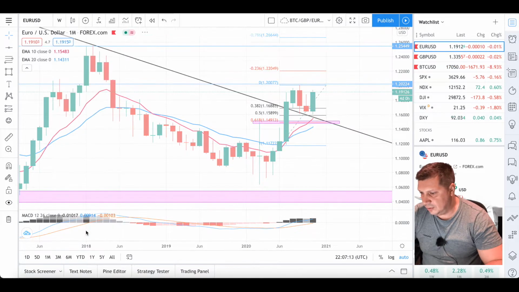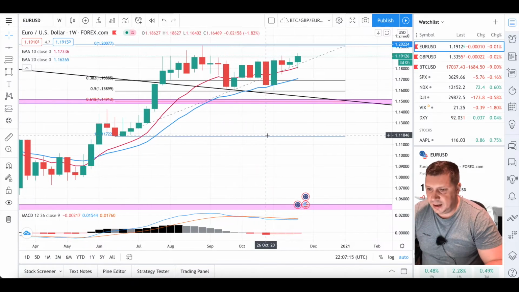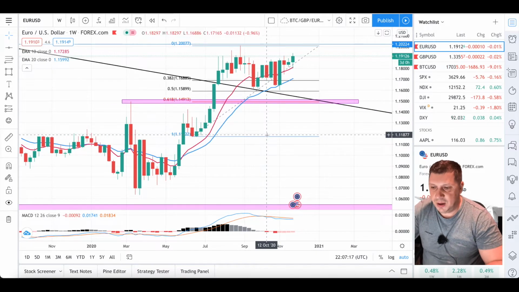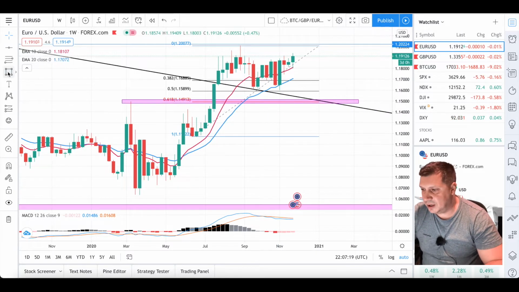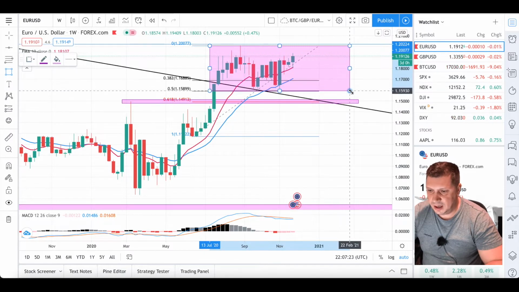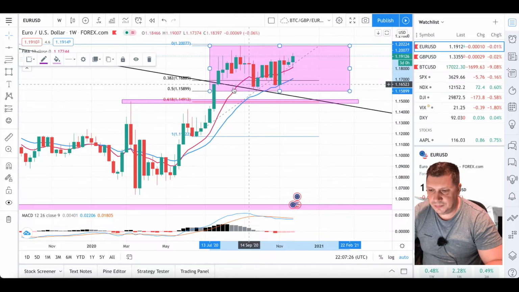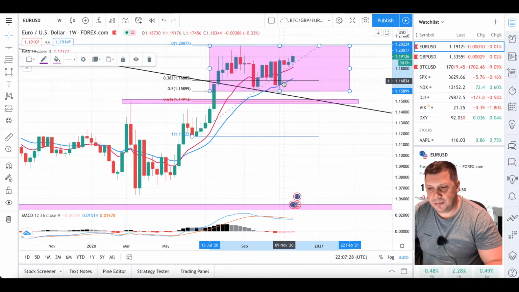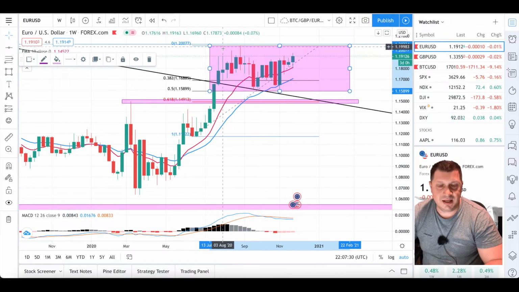Going down, we're going back to weekly, and what we can see here is that the market is actually in this area, and it moves up and down. That's because the institutions are closing their positions now.